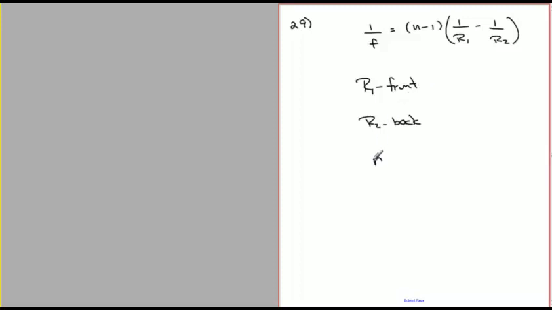N is 1.5. And the radius of the front is 2.0 centimeters. And the radius of the back is 2.5 centimeters.